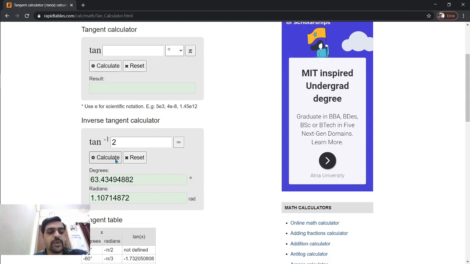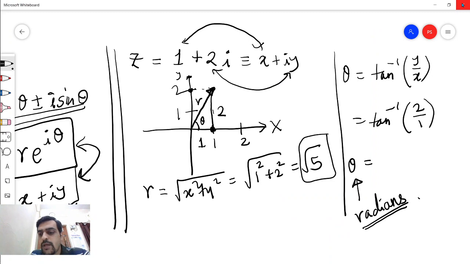So we will approximately take it as 1.1 radian.